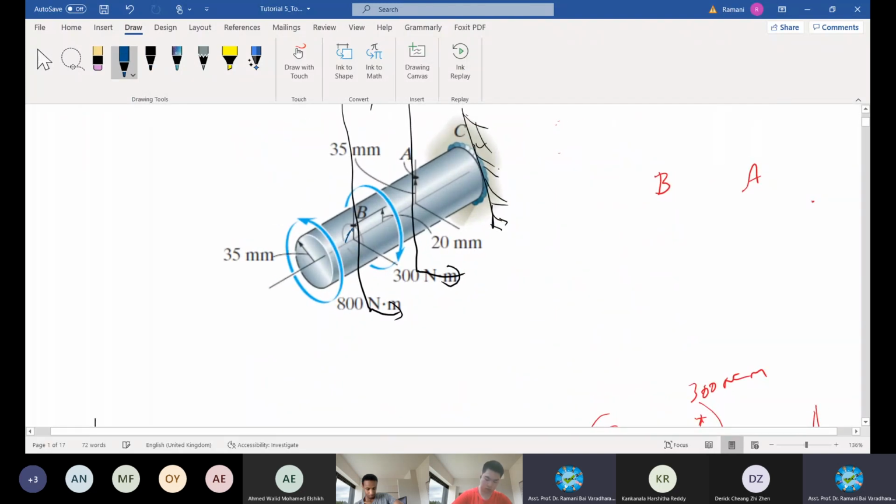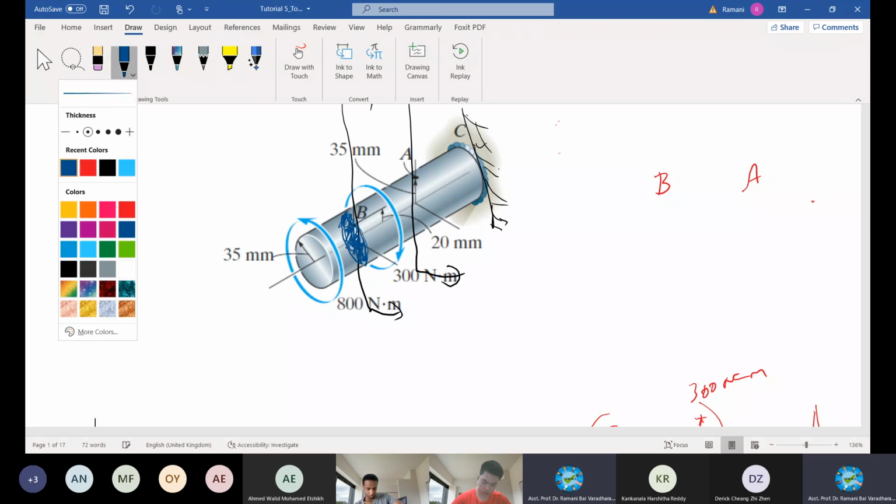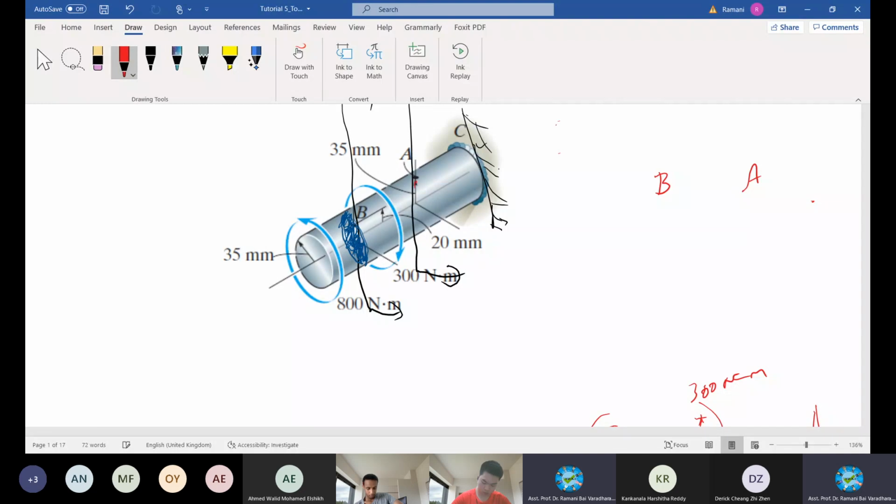So the stress distribution will be, see here, at this point, if you cut a slice of this one, it will be like this, a slice at A. If you come to B, it will be like this, and at A, it will be something like this only, because at 20 only, right?